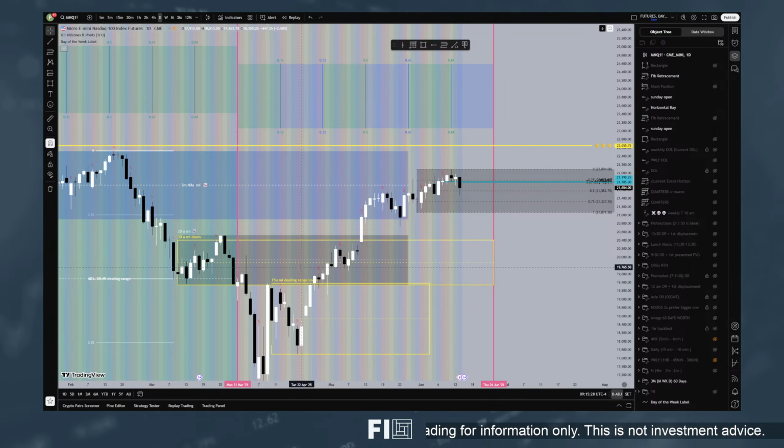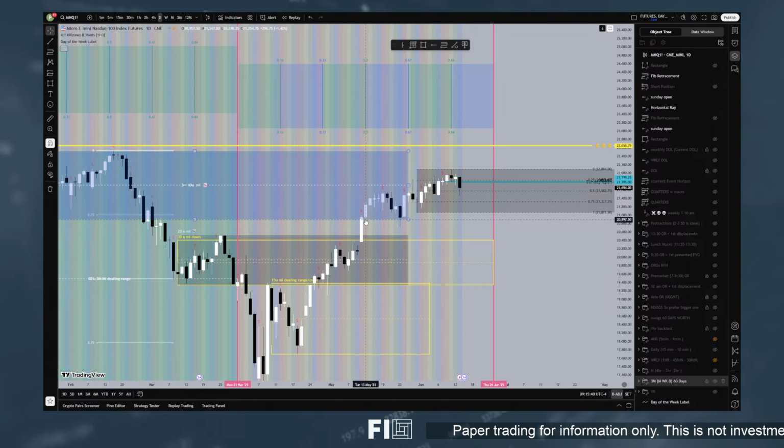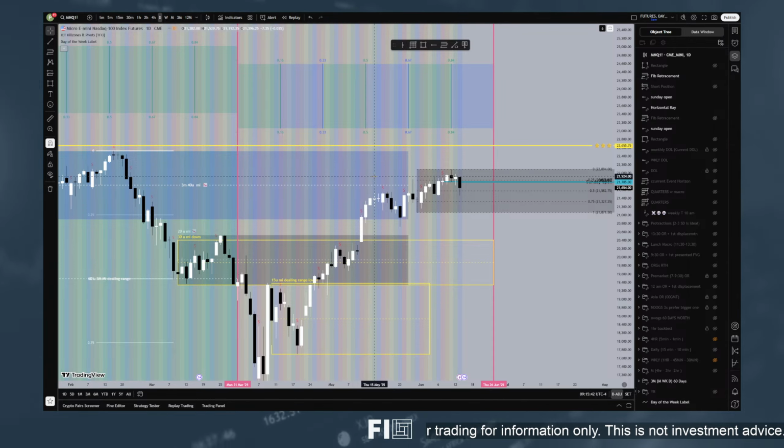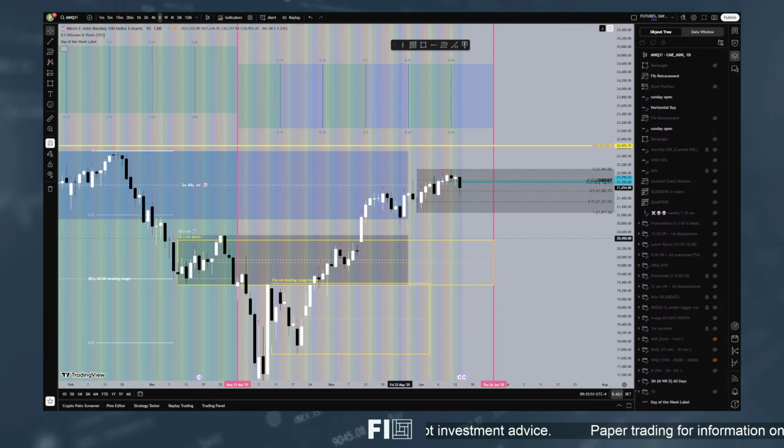Okay, so you're not seeing the markings, but there is a 15U that starts from here, ends up to here, to the 50% of this range. So it's low, high up to here, right? Because then we open here and we start going higher. And then it's a higher low, higher high. So I would consider all of this a balanced price range.